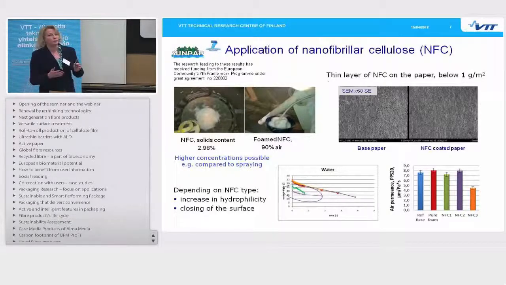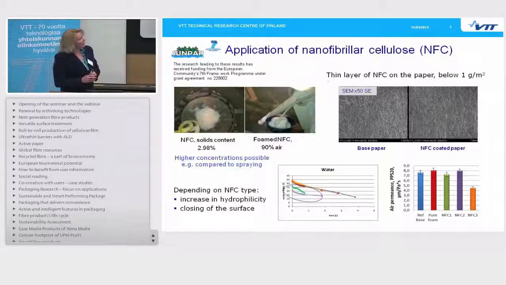But after the foam process, it's an excellent material for application. And we have applied that to the surface of paper. The SEM images show, in the left-hand side picture, that the nanocellulose is covering the paper surface, making it smoother, and the separate fibers are not so visible. And the coating amount is below 1 gram per square meter.